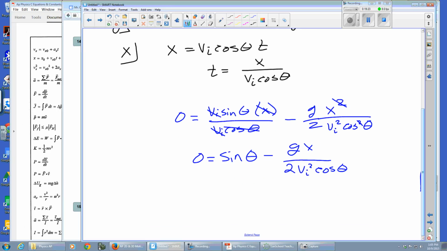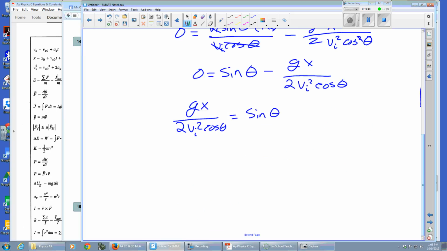Rearranging that, getting x by itself, I have gx over 2 vi squared cosine theta equals sine of theta. So I end up with x equals 2 vi squared sine theta cosine theta all over g.